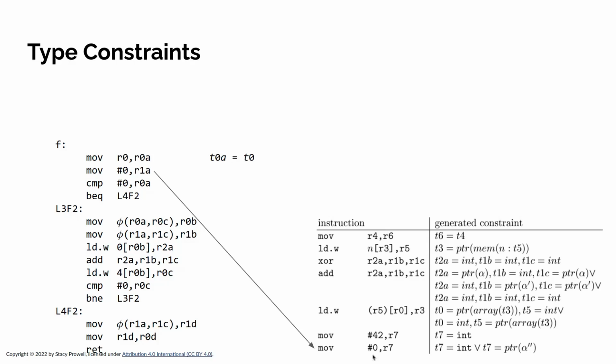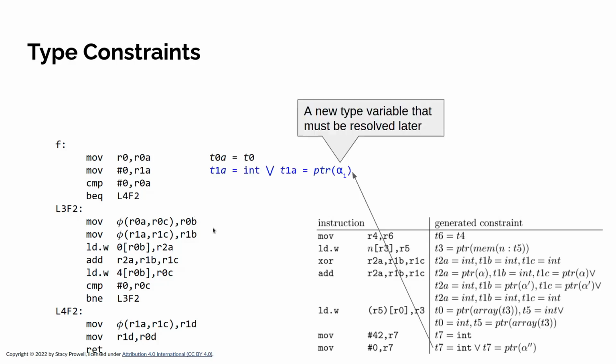We do a little pattern match on this, and we wind up with this condition right here. T1A could be an int, or, right, the big V is disjunction. It's an or. Type of 1A, and I'm not sure why that's a different looking A than that one. I think it's not italicized.